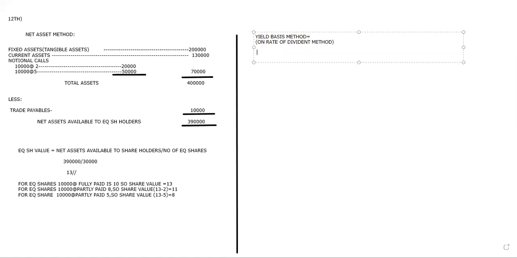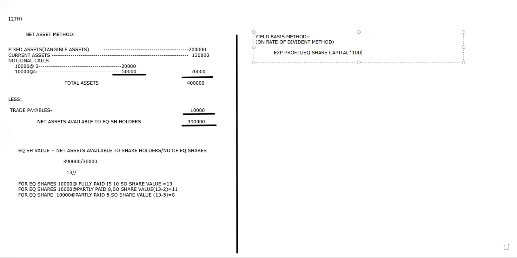Okay, so how is the formula going to be? The formula will be expected profit divided by equity share capital into 100.